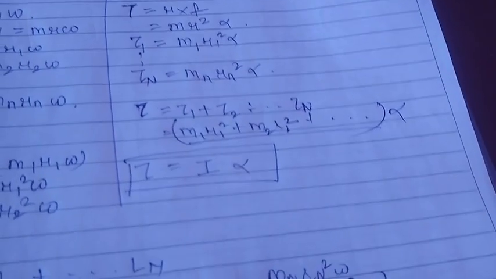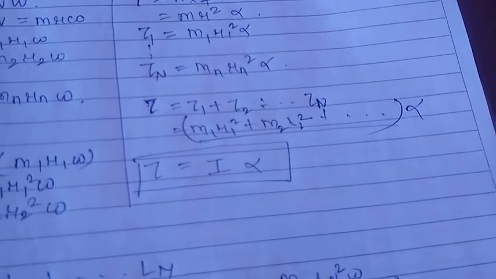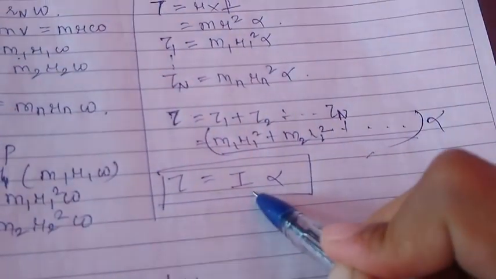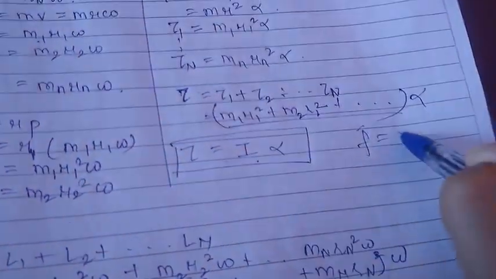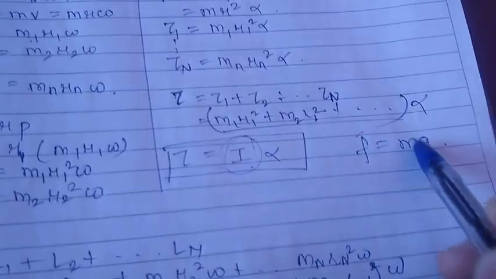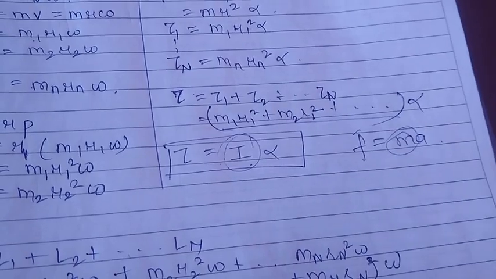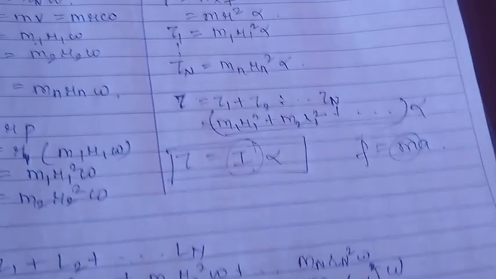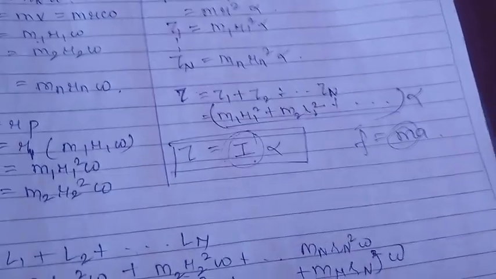This formula gives the relation between the torque and the moment of inertia. Now, if you compare tau is equal to I alpha with F is equal to m a, you can see that m is replaced by I. This gives the physical significance of moment of inertia.